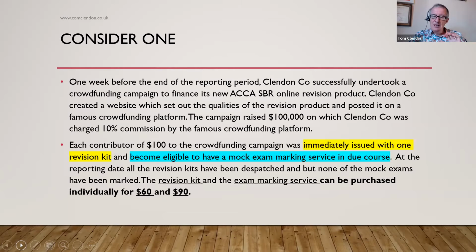So the revision kit, which we have done, is 60/150ths of the overall, whereas the marking service is slightly more valuable, and that revenue that we've already got is going to be deferred. So 60/150ths of 100, I think.